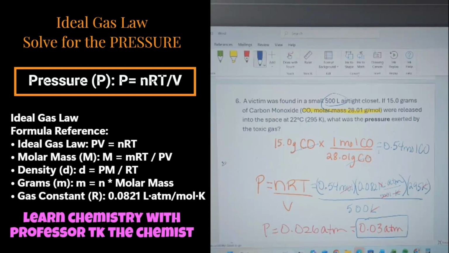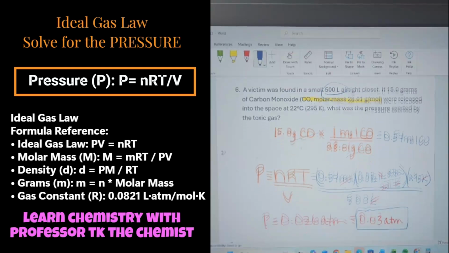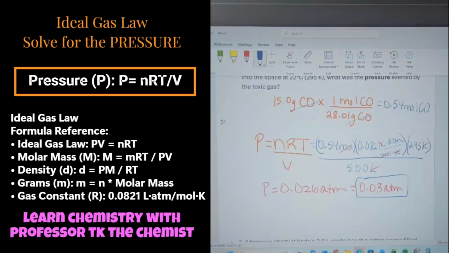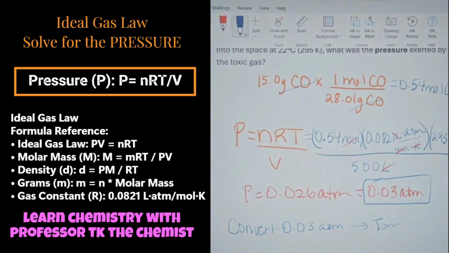Now, what I could actually do in a problem like this for my General Chem 1 students, I may say convert that number to a Torr. Convert 0.03 ATM to a Torr. Well, you have to remember what a Torr is equal to.